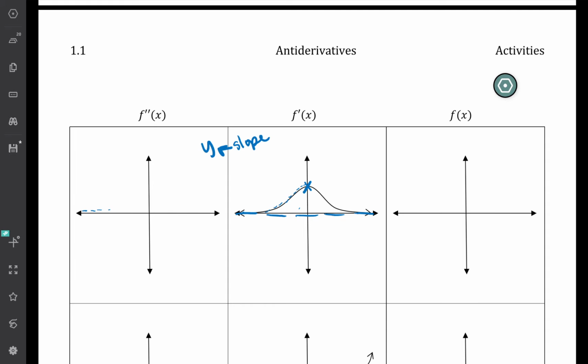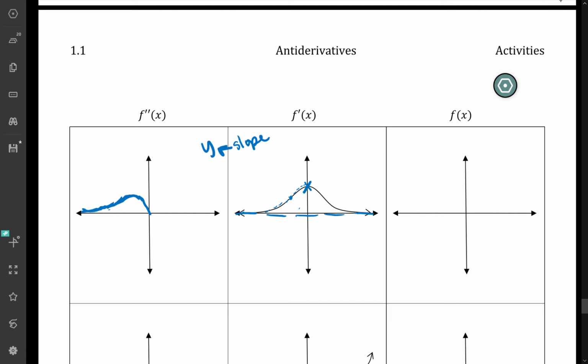I was going to say back to 0, but technically it wasn't 0 to start off with, it was just really close to 0. So slopes are really close to 0. They get a little bit positive. Here they get a little bit more positive, but then they start shrinking again and go back to 0.